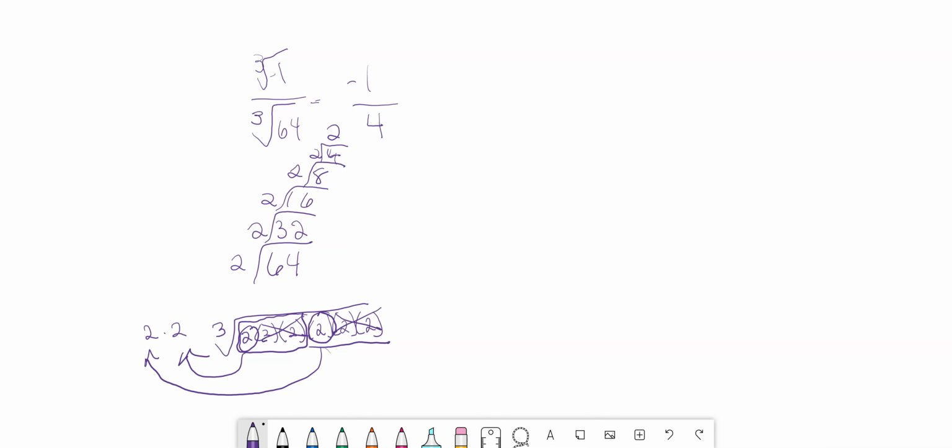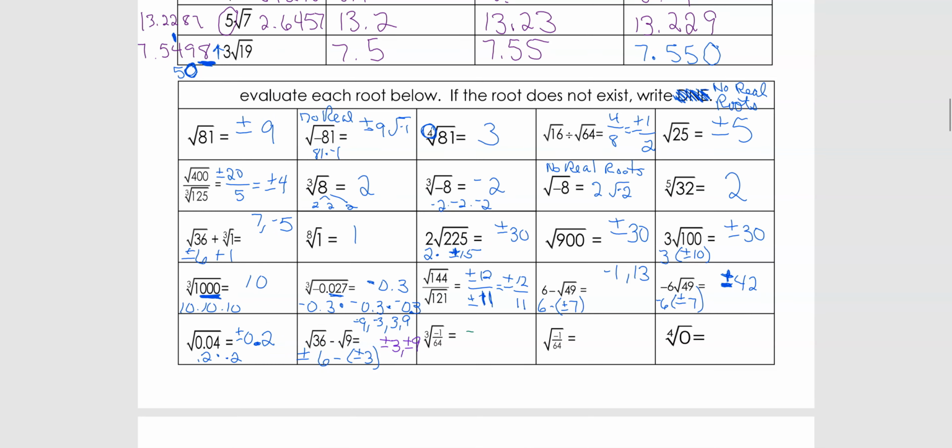So the answer is negative 1 over 4. Negative 1 over 4. Again, negative square roots do not really exist, so no real roots, for now. We can also say the square root of negative 1 over 64 would be 1 over 8 times the square root of negative 1.